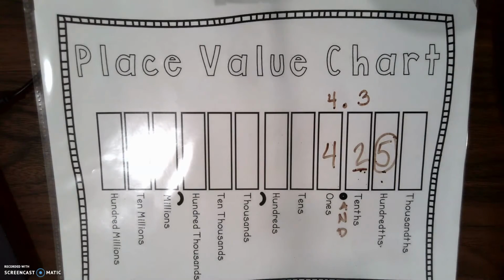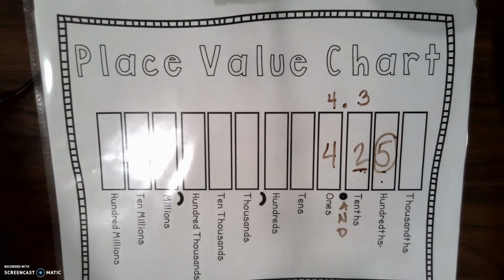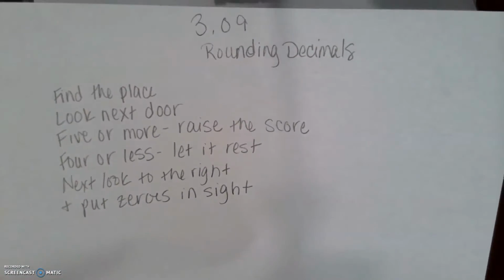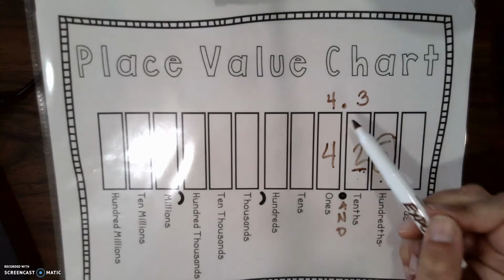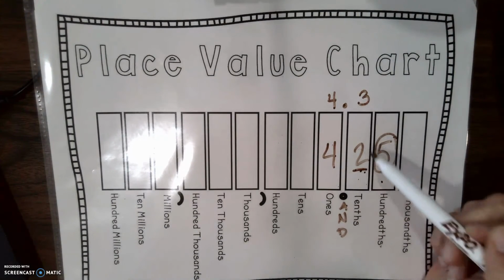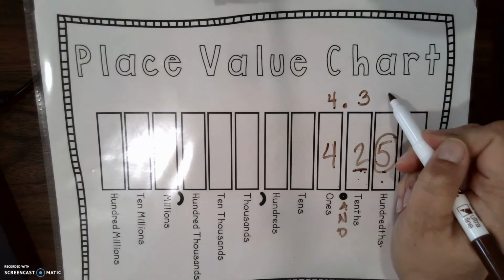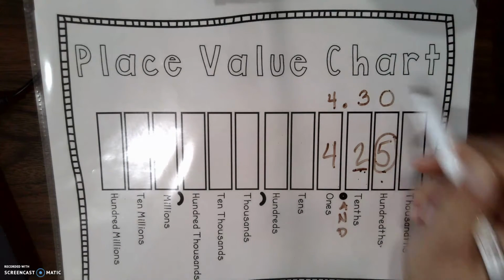But what happens to all the numbers to the right? Next, look to the right and put zeros in sight. So I'm going to look to the right of the number that I just changed and put 0.